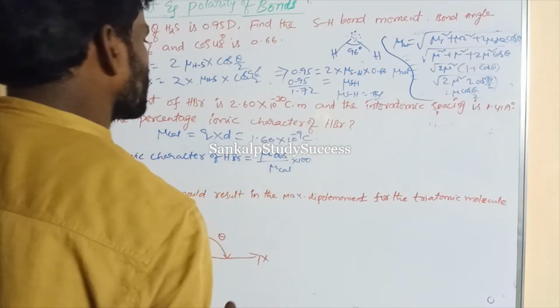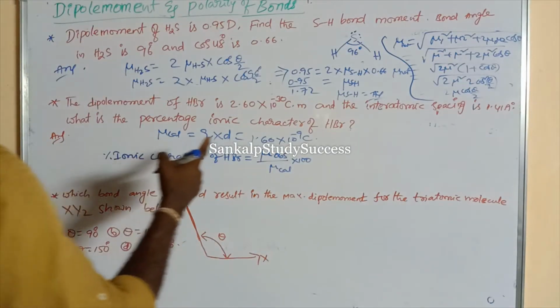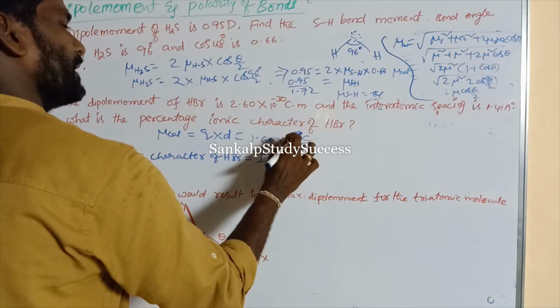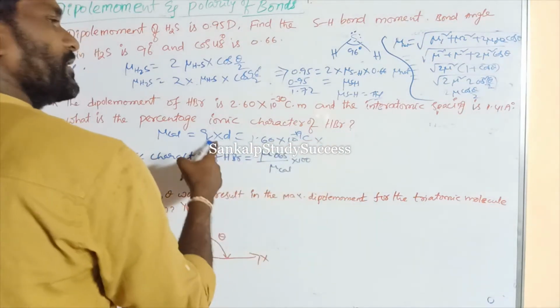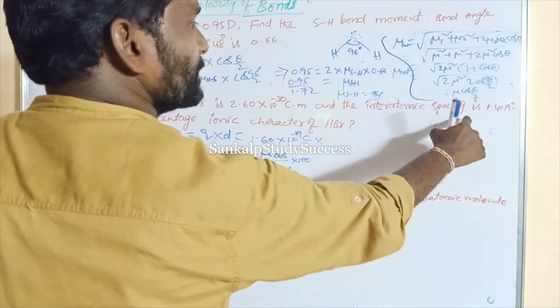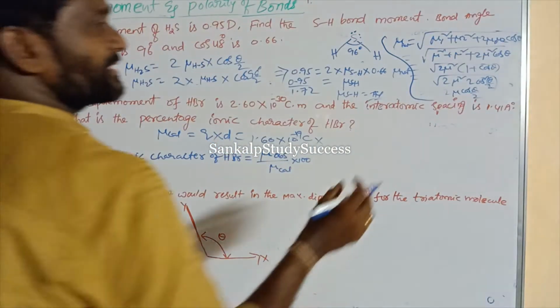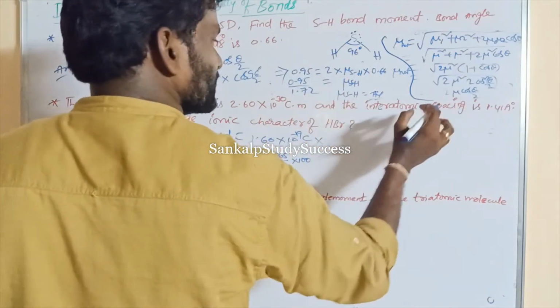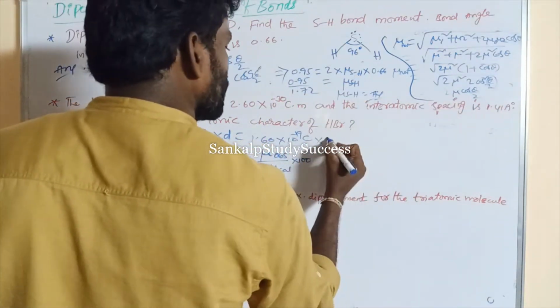The charge of ion is taken as the charge of electron. And D is the distance, the interatomic spacing, that is, the interatomic distance between the charges, H plus and Br minus. So what is its value?